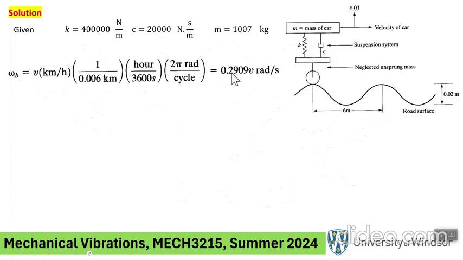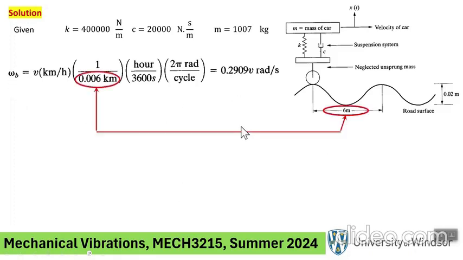So 0.2909 times V is the frequency of the oscillation if V is given in kilometers per hour. If you give me the speed of the car in kilometers per hour, I multiply it by 0.2909 and I get the driving frequency in radians per second.